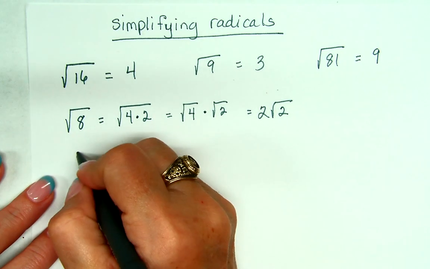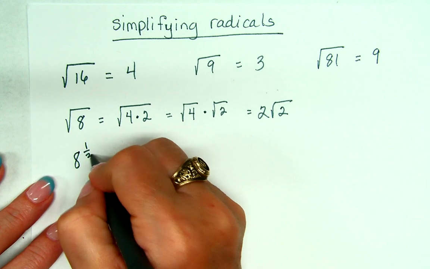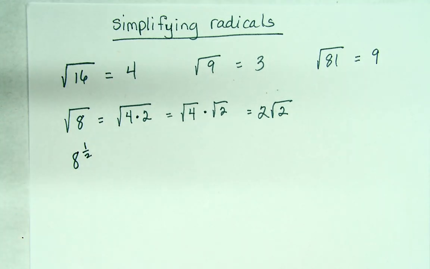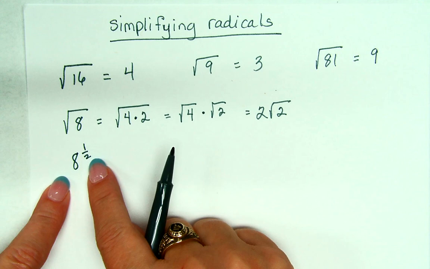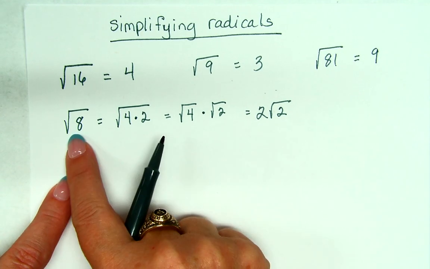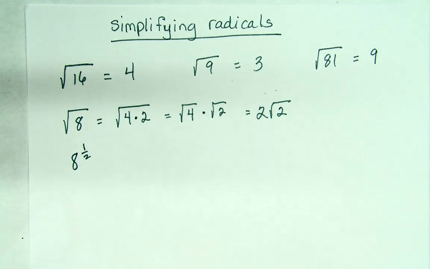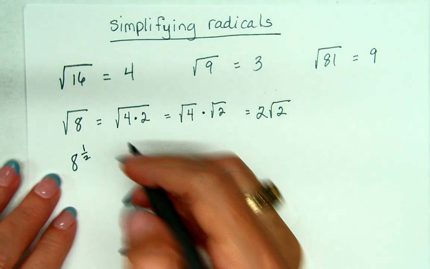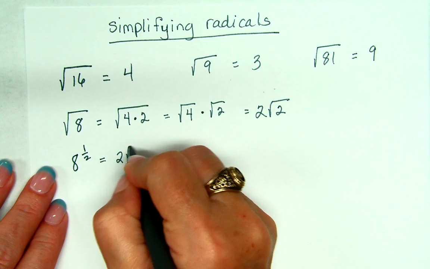Okay? What if I ask you to do that? What does that mean? That means square root, doesn't it? Okay? So 8 to the 1/2 power is the same thing as 2 root 2, because square root of 8 is the same as 8 to the 1/2 power. Does that make sense? So that also equals 2 root 2.